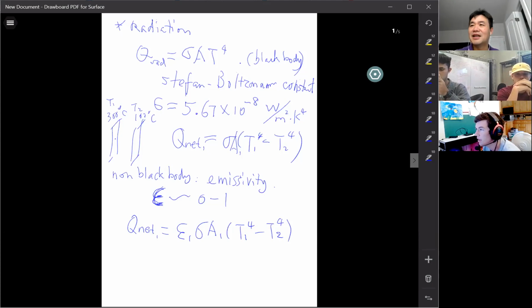It's kind of like experimental physics. Everything about emissivity is measured, basically from experiments. I don't think there's any theoretical background to derive an equation for emissivity. Maybe there is, I don't know, but most of the time we use experiments to determine the emissivity.